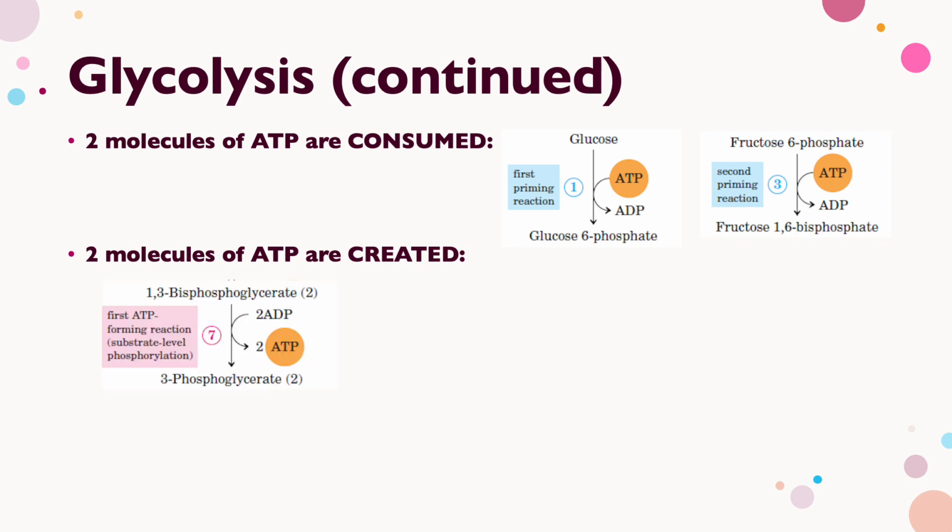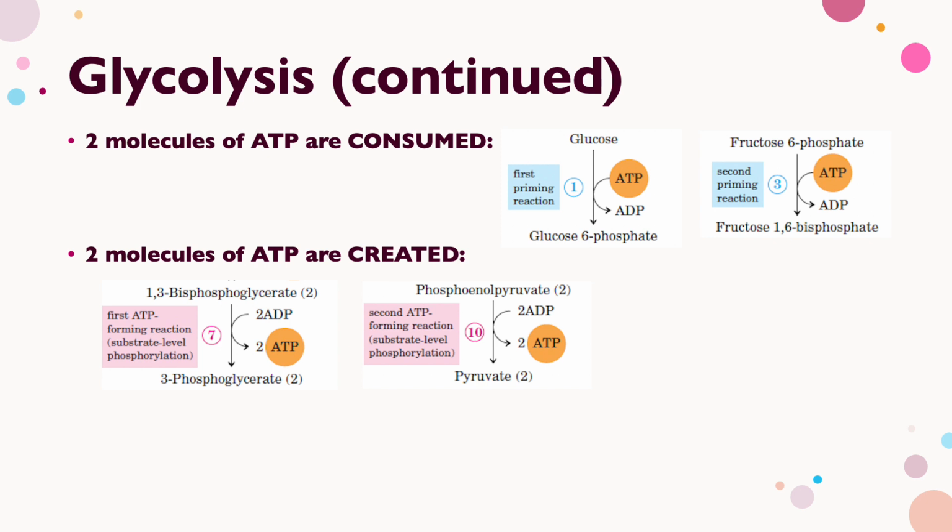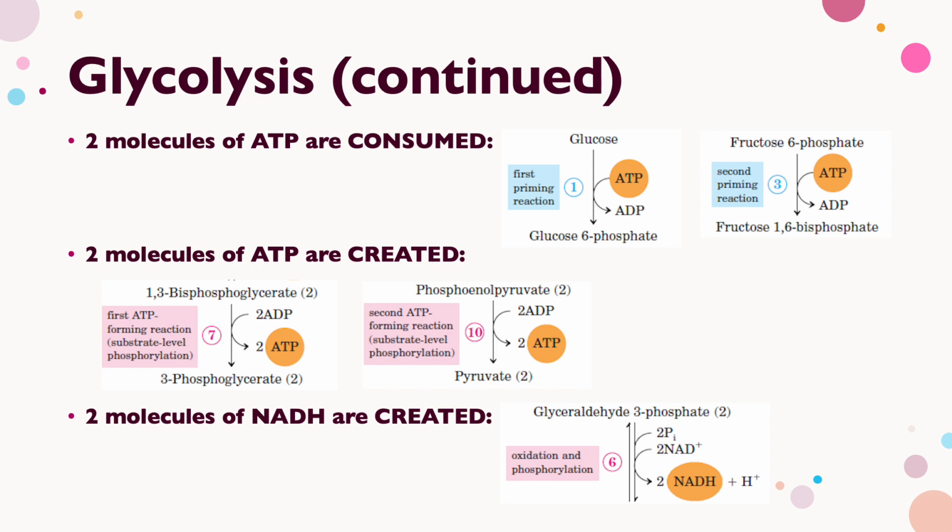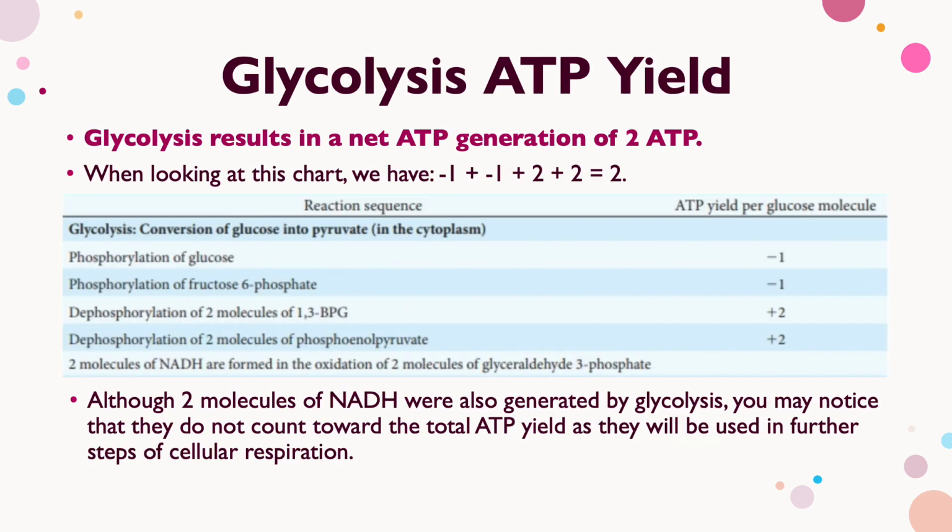In the 7th step, 2 ADP are transformed into 2 ATP, and in the 10th step, same thing. And finally, 2 molecules of NADH are also created, and that happens in the 6th step. So overall, glycolysis results in a net ATP generation of 2 ATP.